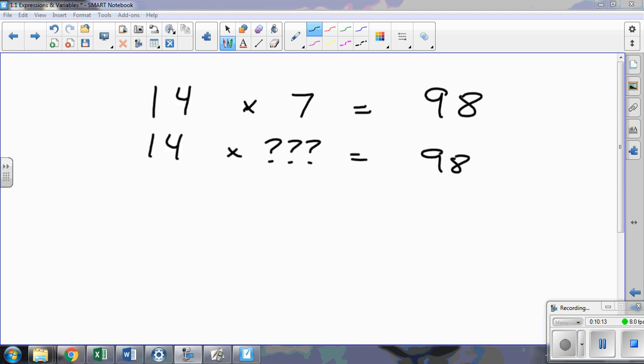Well, consider this piece. Now what is it? 22 times something is going to equal 132. What's the answer?